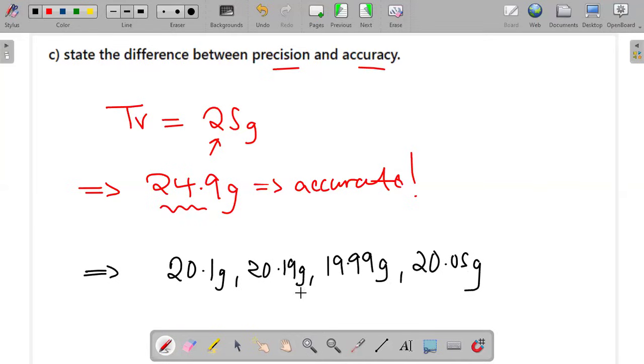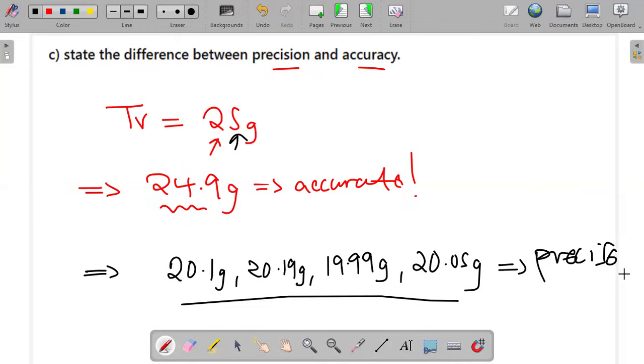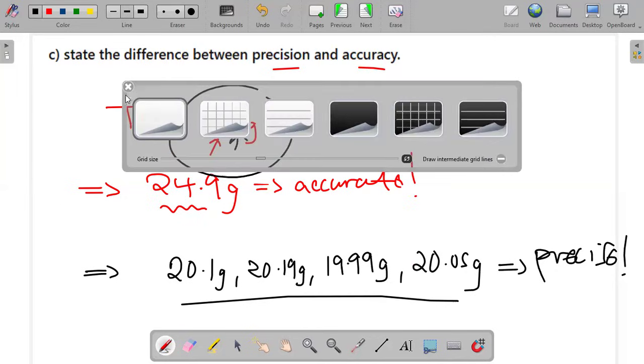So we see that all these measurements that I've taken down here, they are very close to each other, but they are not close to the true value because the true value is 25. Here it's 20. So these measurements here are going to be precise, because they are close to each other, but they're not going to be accurate because they are very far from this. So that's the difference between accuracy and precision.